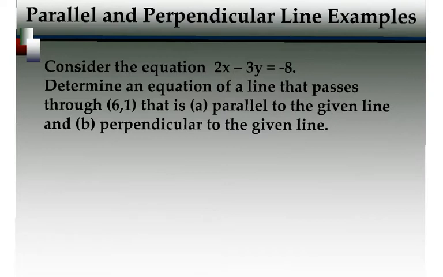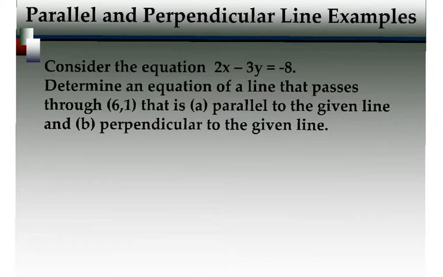Now, let's look at this right here. We're going to have quite a few of these in your homework that are very similar. We're asked to consider the equation we're given and determine an equation of a line that passes through a given point and is parallel to the given line, and then also perpendicular to it.